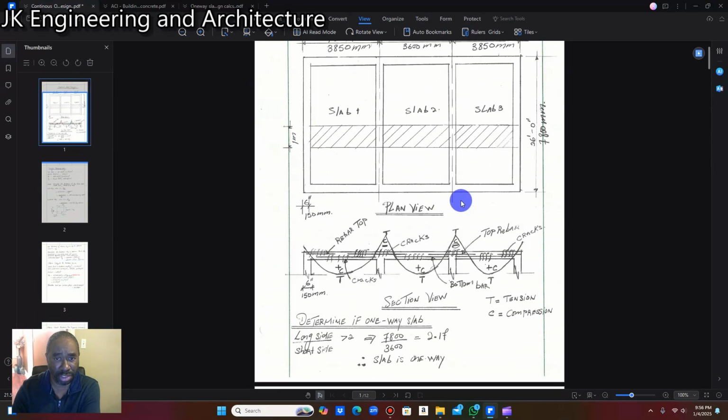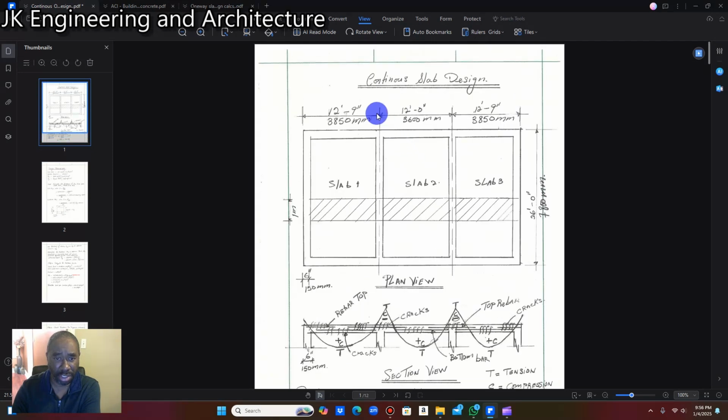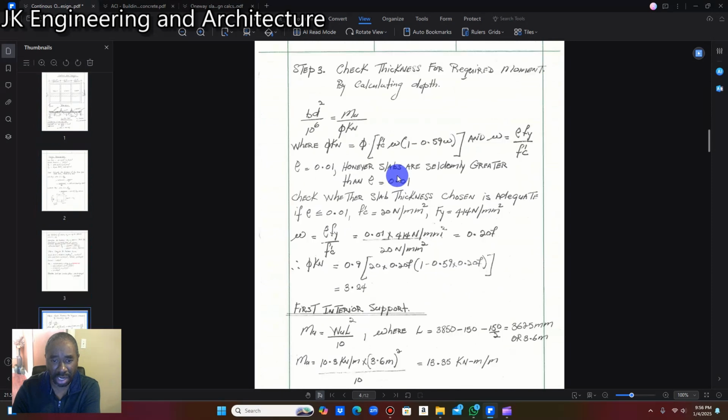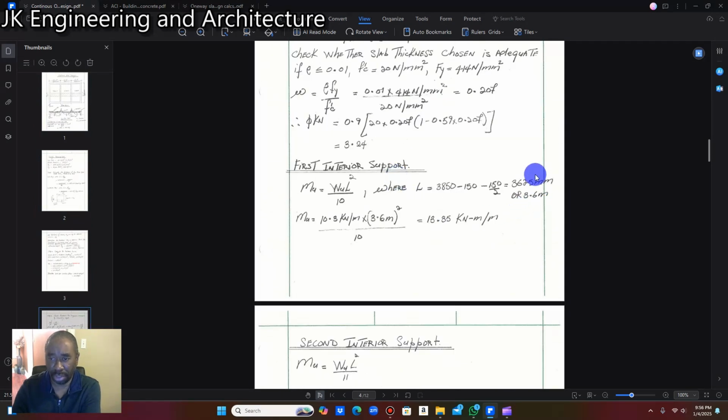Let's go back to the first sketch. Here we have 3,800 millimeter. The thickness of the wall here is 150 millimeter, and because the slab is going to stop right at the center of the wall, it is 150 divided by 2, which is 75. When we subtract all of those, the result is 3,625 millimeters or 3.6 meters.